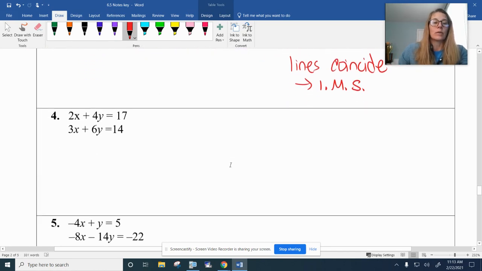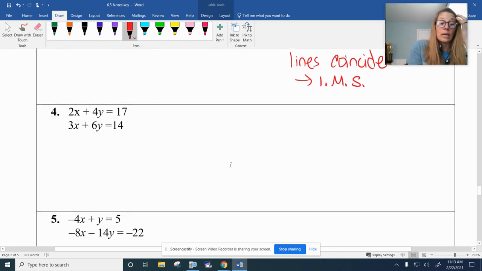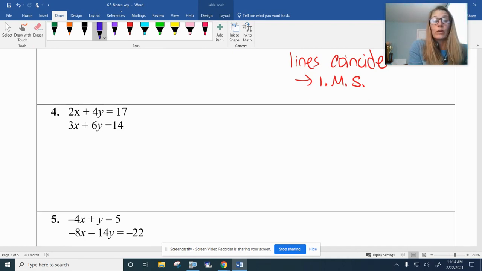All right, now this next one, again, they're already set up for me in this standard form. So looking at it right now, I can't see anything that's going to cancel. It doesn't look like I can easily make these into the same equation. So that tells me that these are probably going to have one solution.